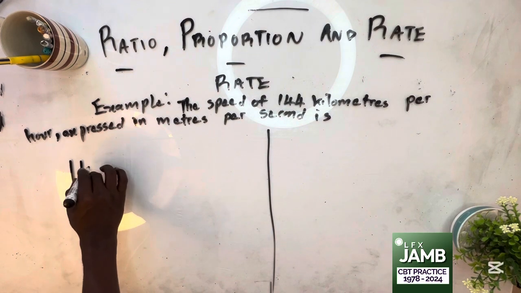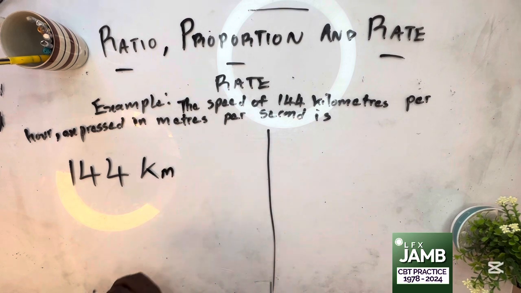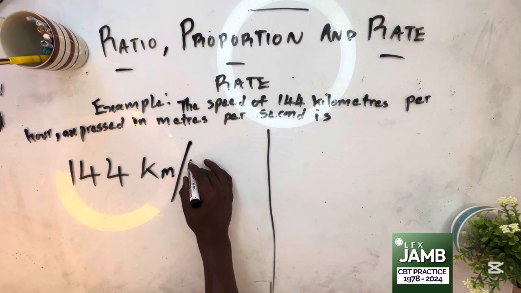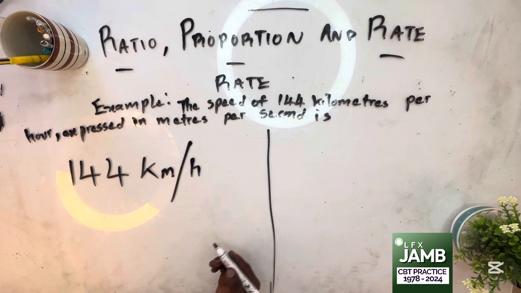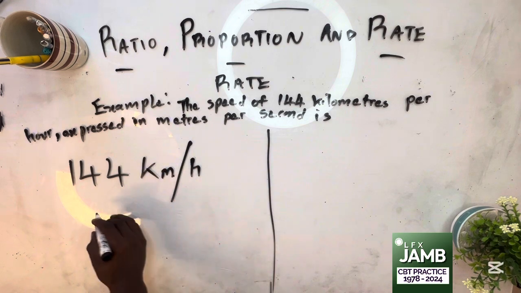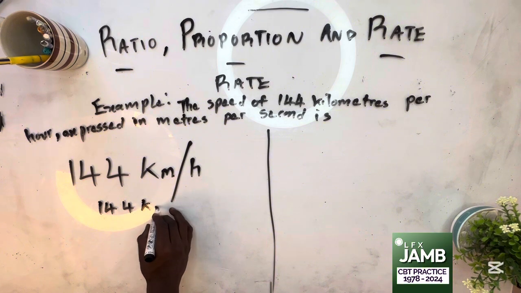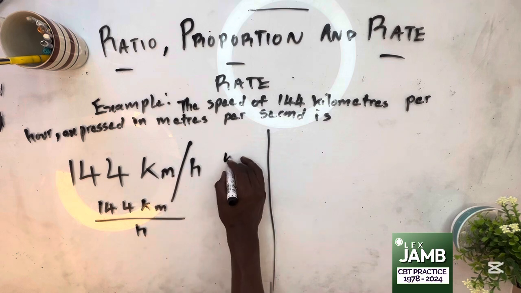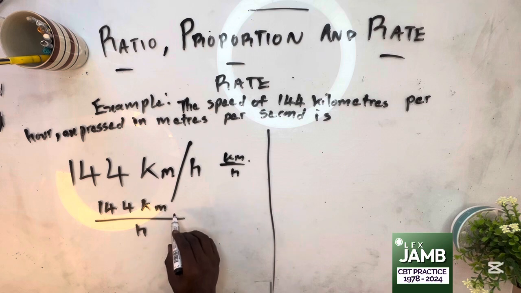We are given 144 kilometers per hour, kilometer over hour. So expressing this mathematically, this is 144 kilometers over hour.